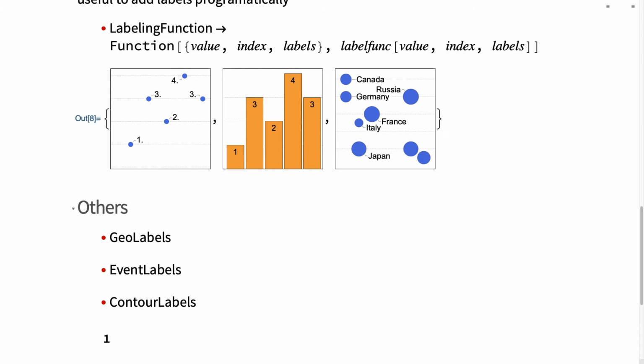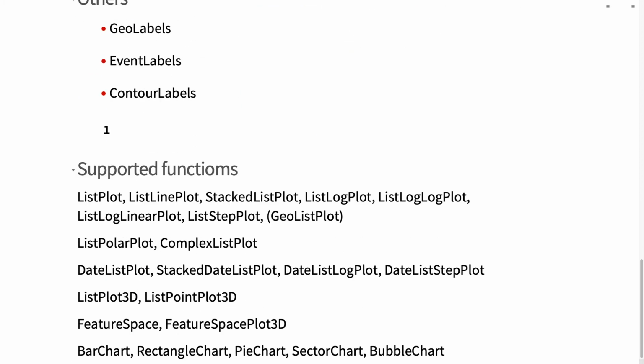And the third one is labels, coming from all the wrappers and previous saved options. So you can use them to generate your customized labels. Here, I'm not using something fancy. I'm just giving an example for using LabelingFunction. So the third one is a bubble chart.